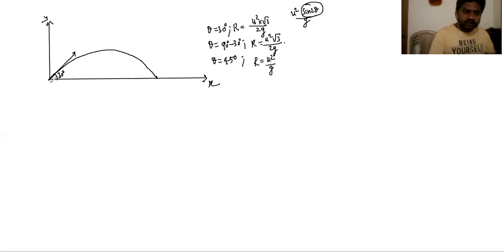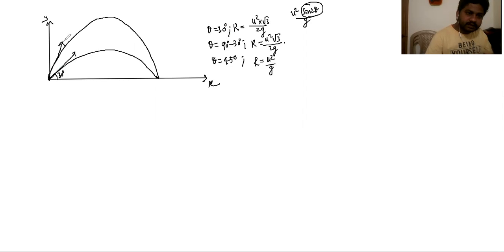Now this is 30. Look here. When I project this with 90 minus 30, this is the angle of projection.